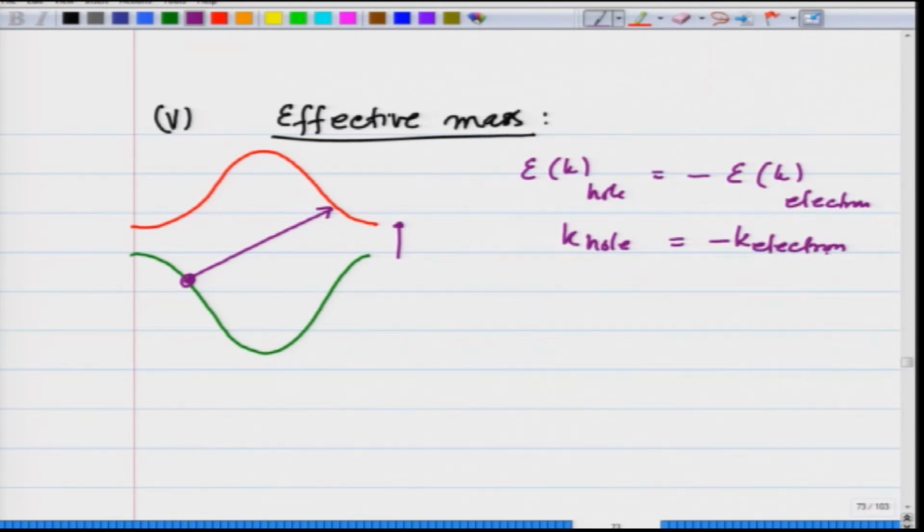Effective mass, 1 over m effective, is defined as 1 over h cross square d 2 E(k) over dk square.